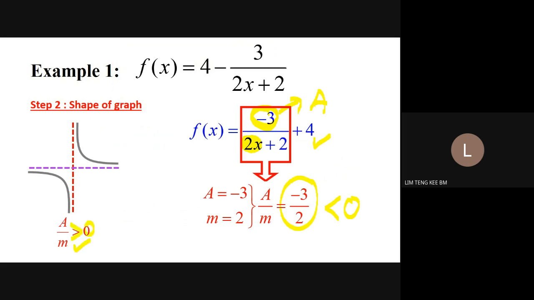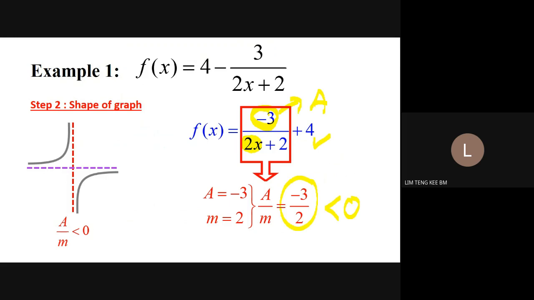Then the shape will be focused on the first and also the third quadrant. So if now I want to convert to the case of less than 0, I will consider that the graph moves to the second and fourth quadrant.